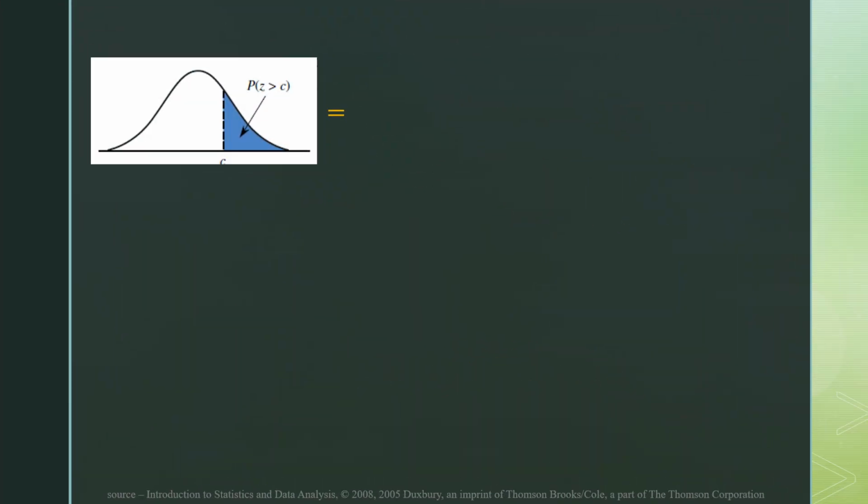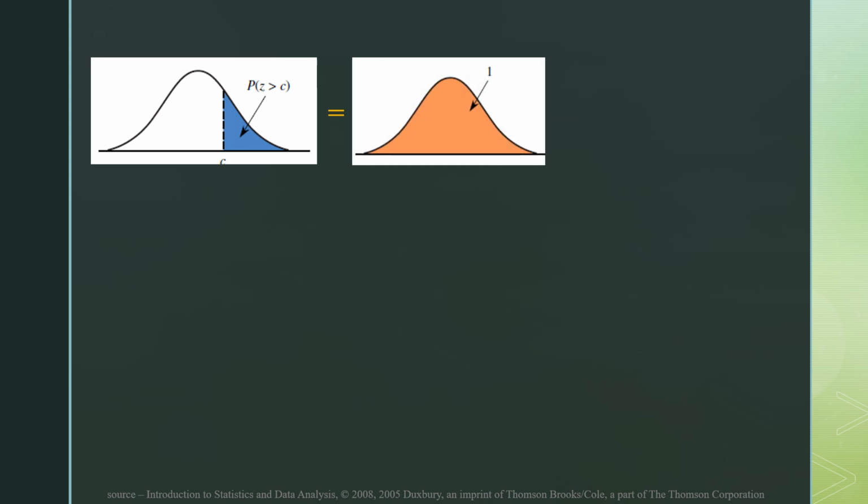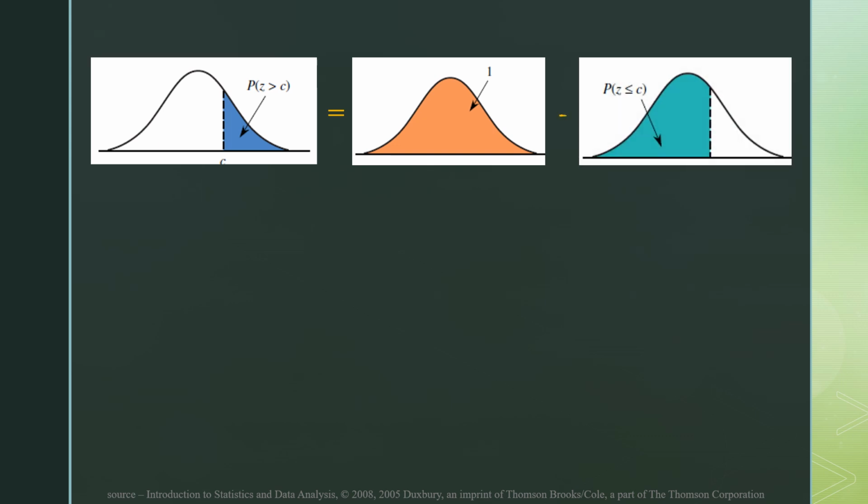Let's now evaluate the probability of z taking a value greater than c. Probability of z taking a value greater than c equals 1, which is nothing but the entire area under the standard normal distribution curve, minus probability of z taking a value less than or equal to c.